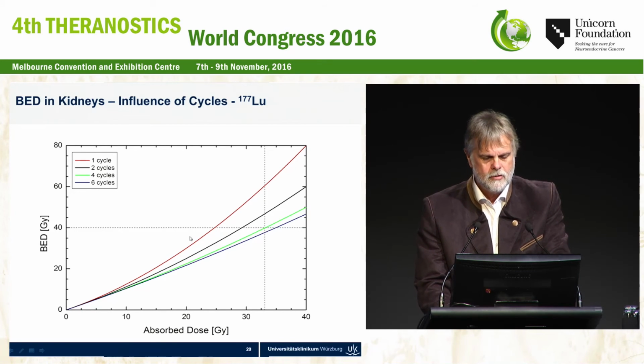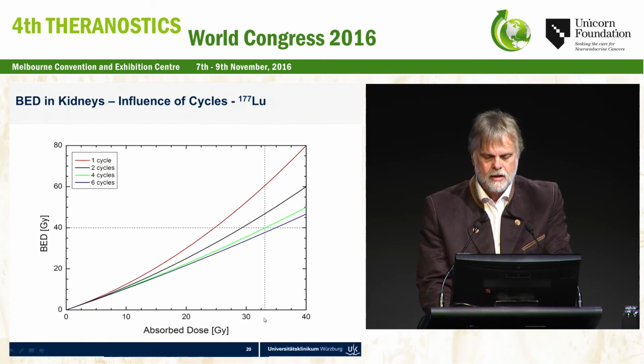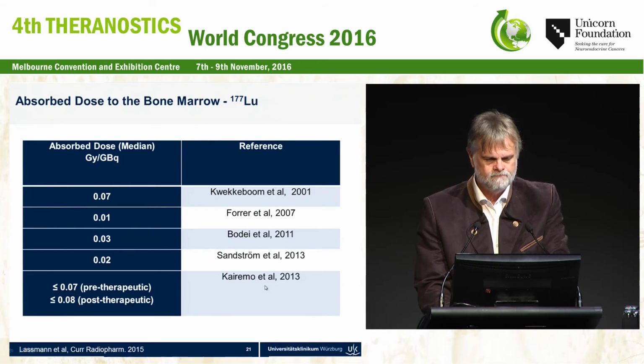So I think we can get by for lutetium treatment just using the physical absorbed dose because it's closer to the measurements we have. But this is a matter of debate, and needs still to be enlightened further in the future.